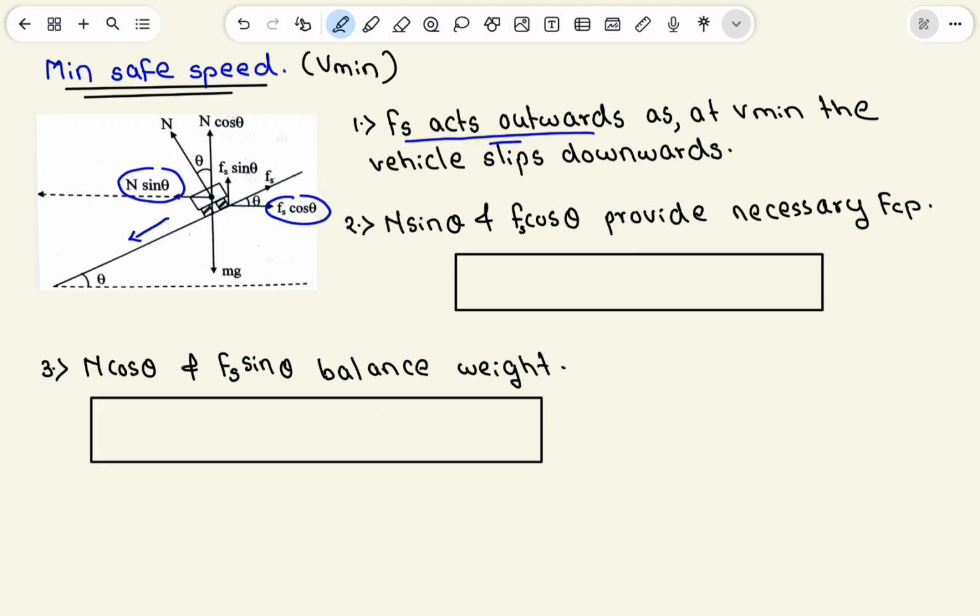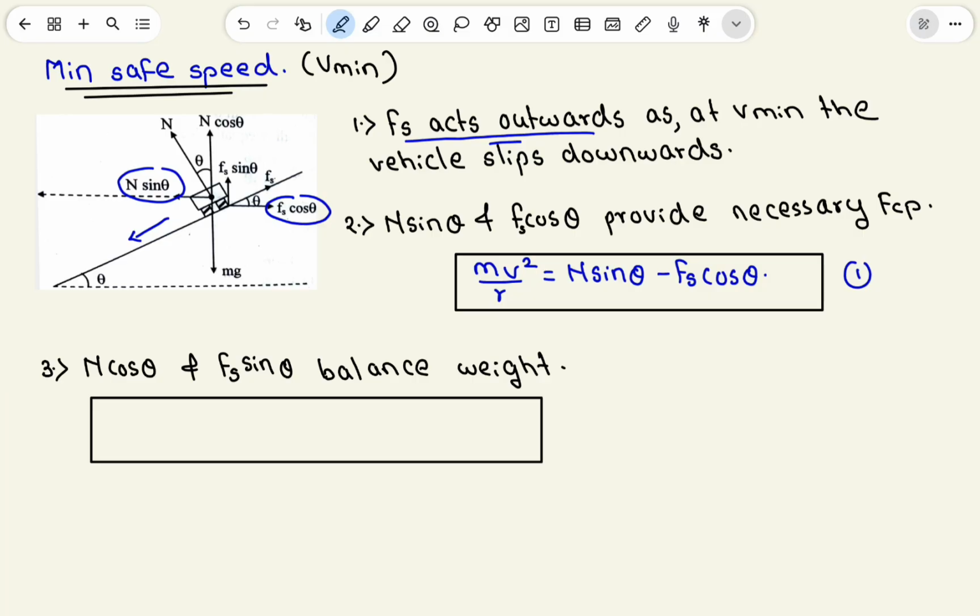Therefore, we can write mv square by r is equal to N sine theta minus Fs cos theta. This is the first equation, obtained by using the information that the centripetal force is provided by a combination of N sine theta and negative Fs cos theta, as they act towards the center of the circular road.